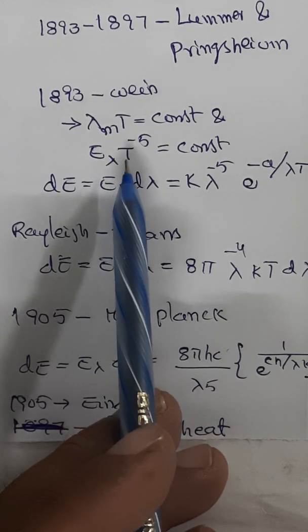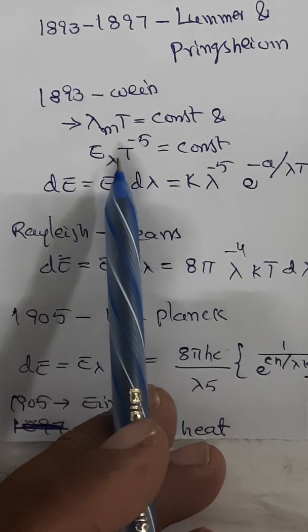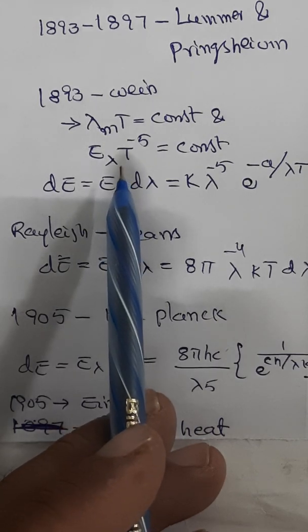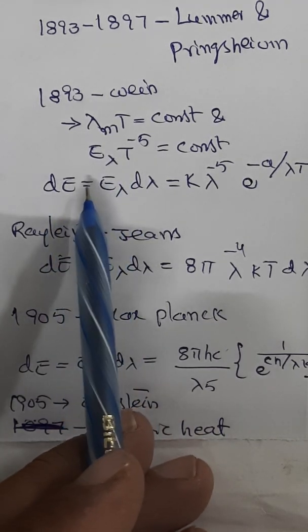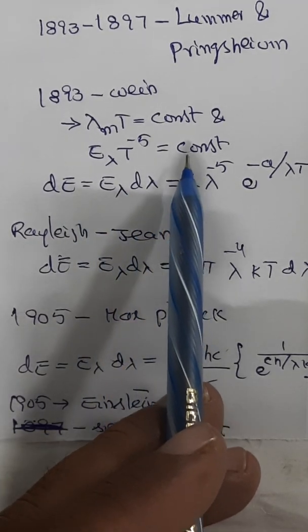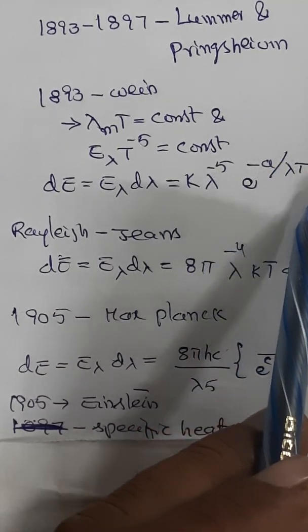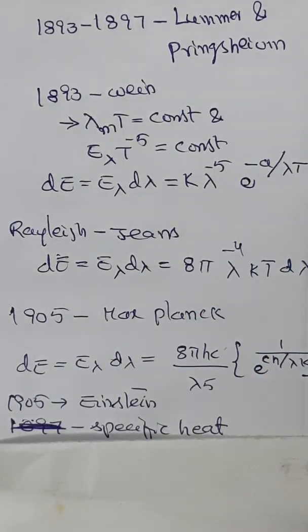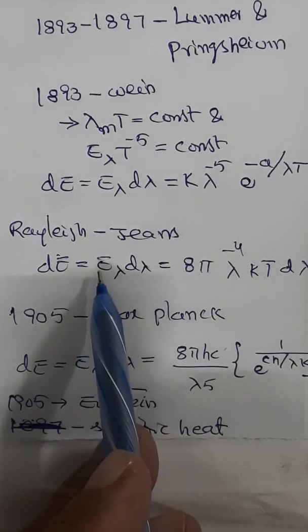So the amount of energy contained in a spectral region between the wavelengths lambda and lambda plus d lambda, what we call Wien energy distribution, is given as dE equal to E_lambda d lambda, that is nothing but k times lambda to the power minus 5 times e to the power minus a by lambda T d lambda. Now here a and k are constants.